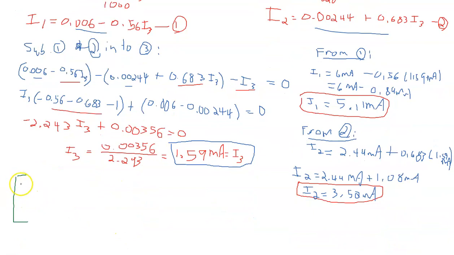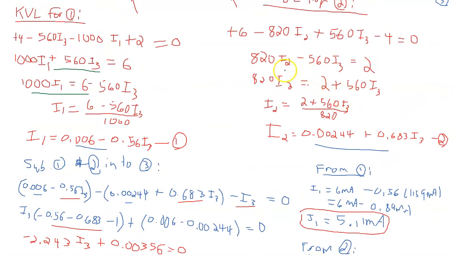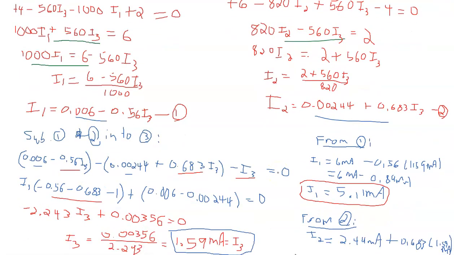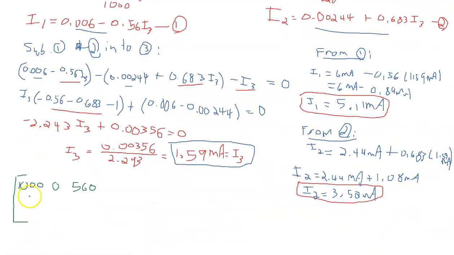And so we would write down then our coefficients, 1,000, 0, and 560. For equation 2, it's this form right here that we're using. So we have 0, 820, and negative 560.